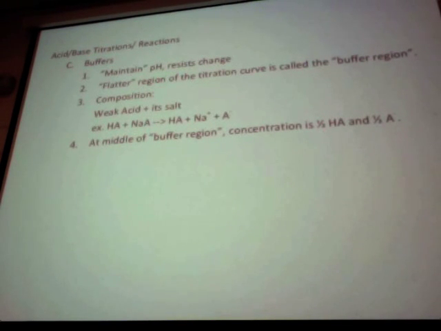So this fulfills our discussion point number 3. Then number 4: the buffer region is right here, in the middle. At this point, you have the two concentrations equal to each other. With that preparation, if you prepare your buffer, you want equal concentrations so that it has the same distance to go in that direction versus this direction.